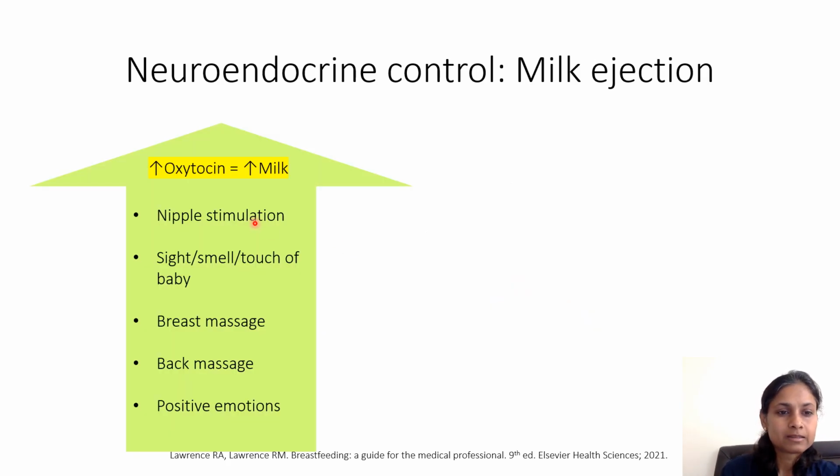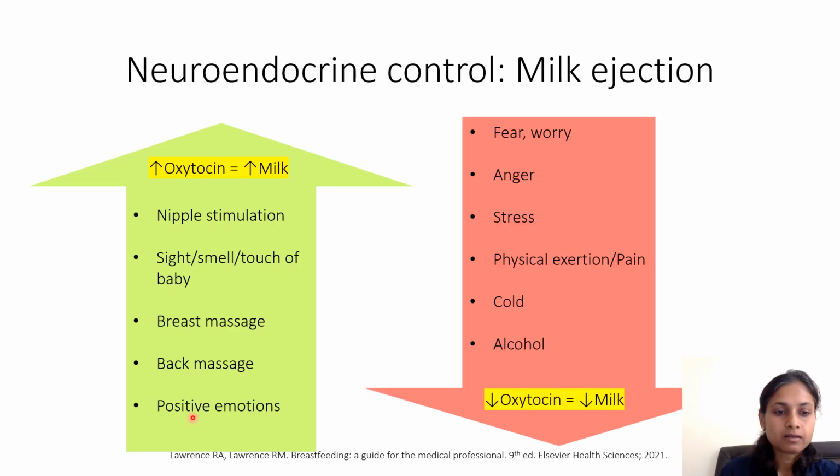What are the factors that increase milk production through this increase in oxytocin? Nipple stimulation, the sight, smell and touch of the baby, breast massage, back massage to relax the mother, and positive emotions in the mother. The opposite of these factors will decrease oxytocin and decrease milk, such as fear, worry, anger, stress, physical exertion, pain, cold, and alcohol.